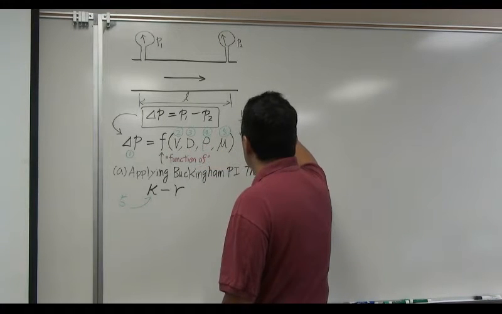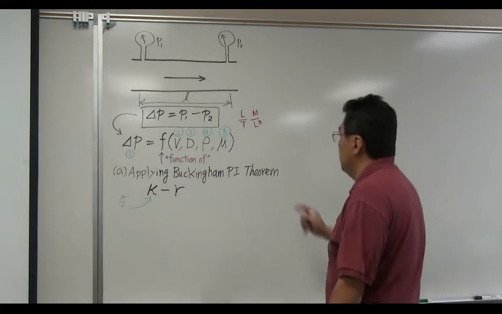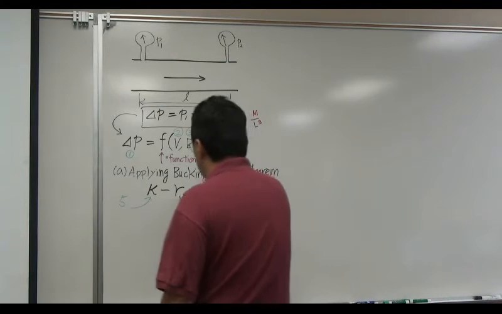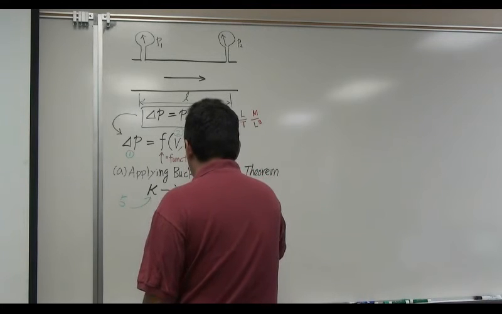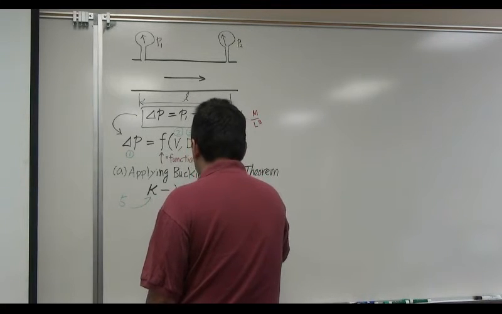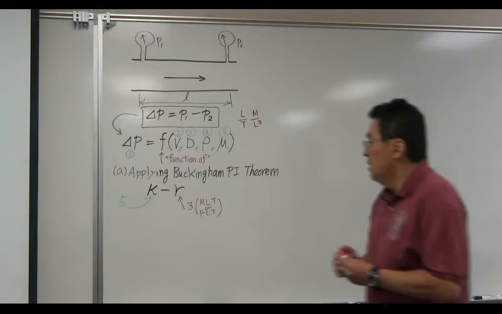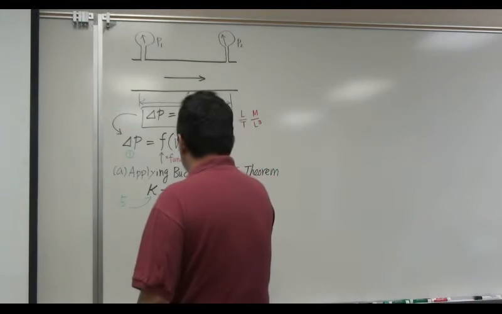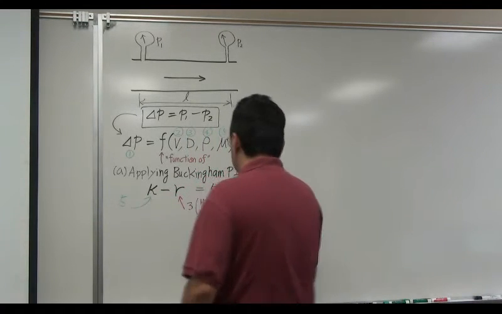Density is mass over length cubed. So it seems like mass, length, time, all three basic dimensions are used. So if that's true, K minus R is 5 minus 3. It's going to be 2.